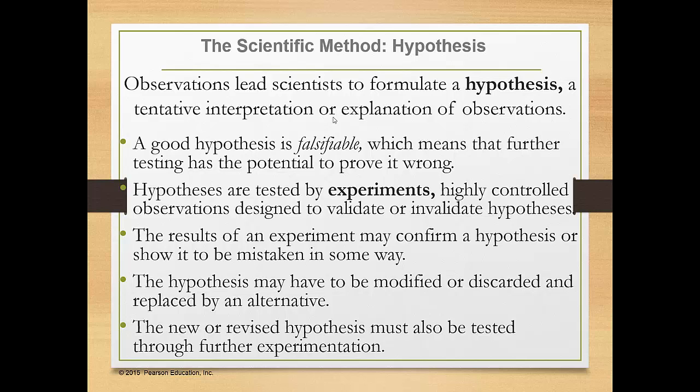Okay? So if the result of an experiment shows that there's a mistake in that hypothesis, then possibly it can be modified, changed slightly, or you may have to throw it out and start over. Okay? But whatever you do, you've got a new hypothesis now. That one also has to be tested. So it's a constant cycle for a scientist.